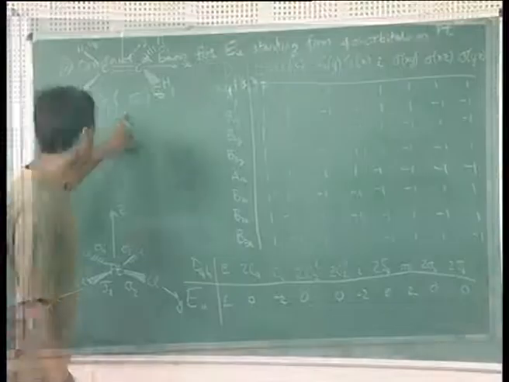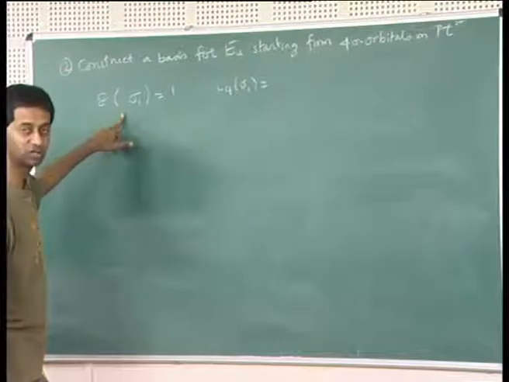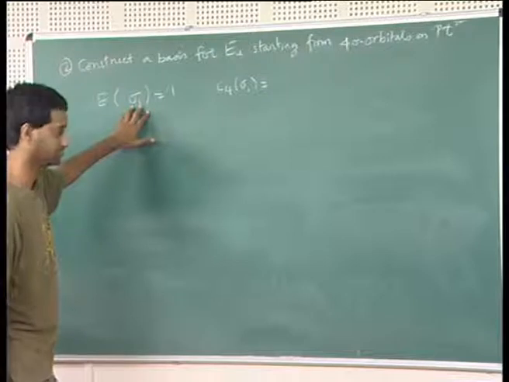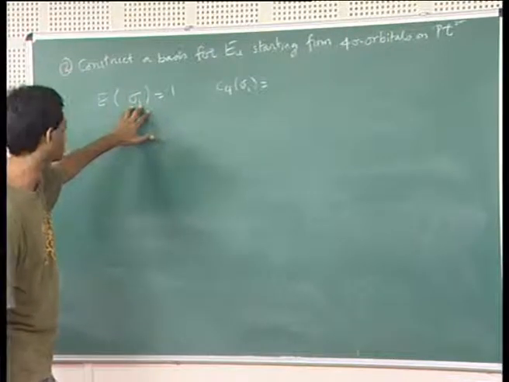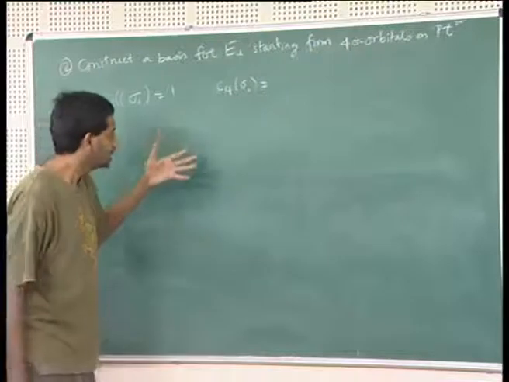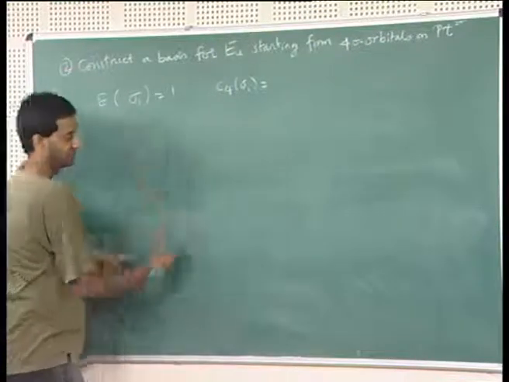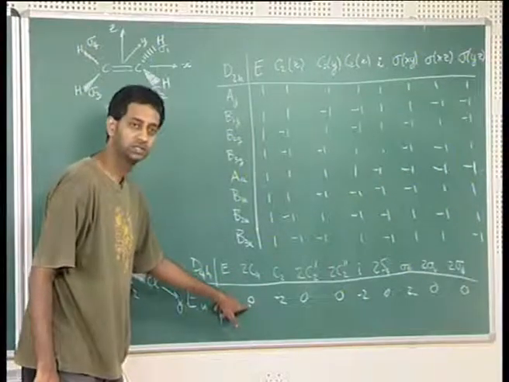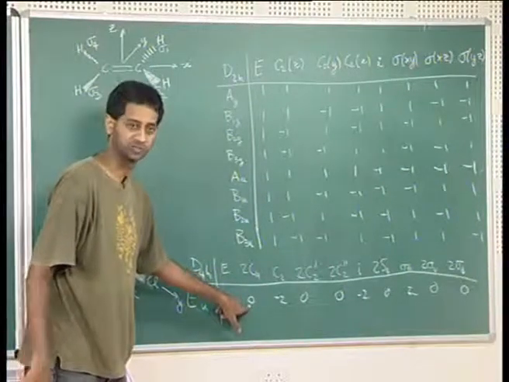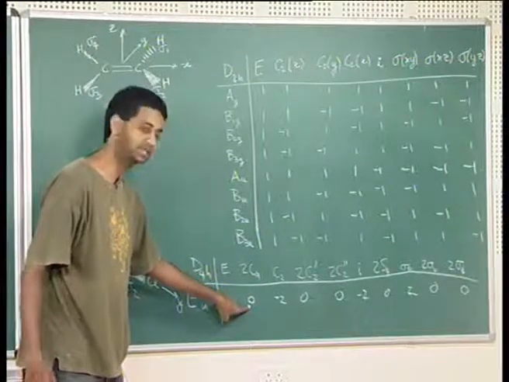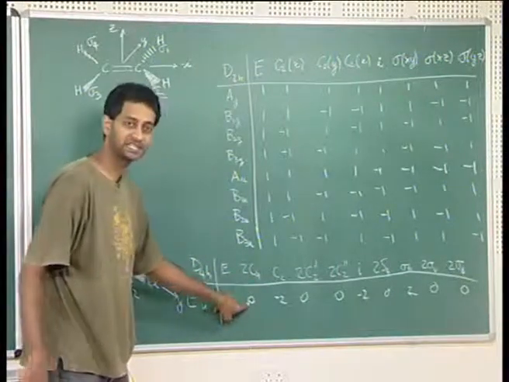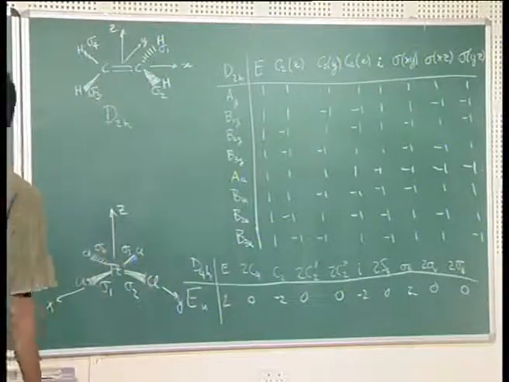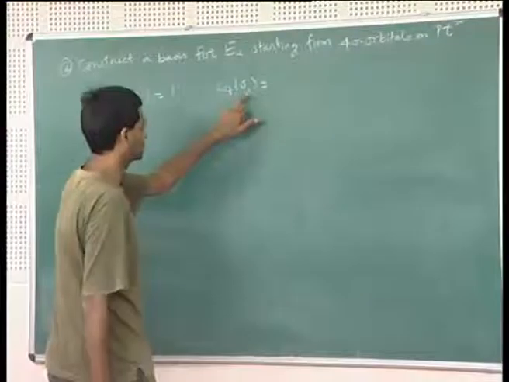In order to find the projection operators, you need to know how each operation acts on sigma 1. If the character of the representation is 0, then you know that it won't contribute to the projection operator. So we are going to use the incomplete projection operators. If the character is 0, since it doesn't contribute to the projection operator, I don't need to bother how C4 acts on sigma 1.